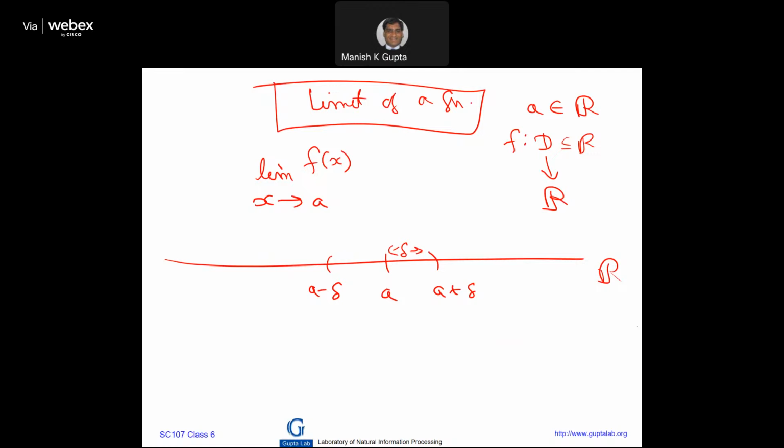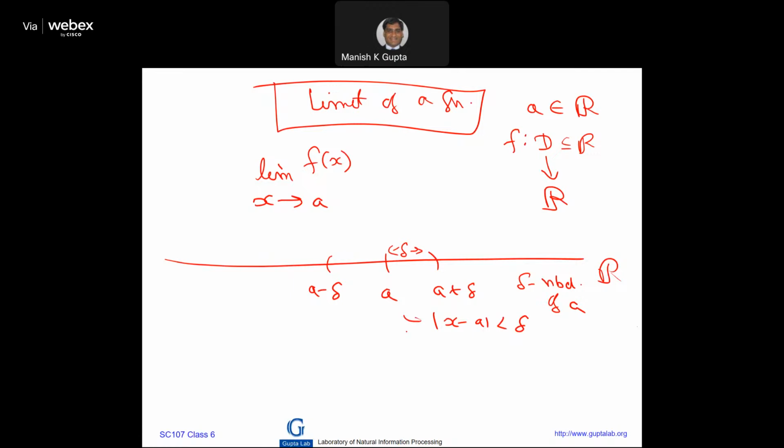As I mentioned, the distance between two points on the real line is |x minus y|, right? If x and y are two points on the real line, that is the idea we need to keep in mind. So this is known as the delta neighborhood of A. Basically this means |x minus A| is less than delta.